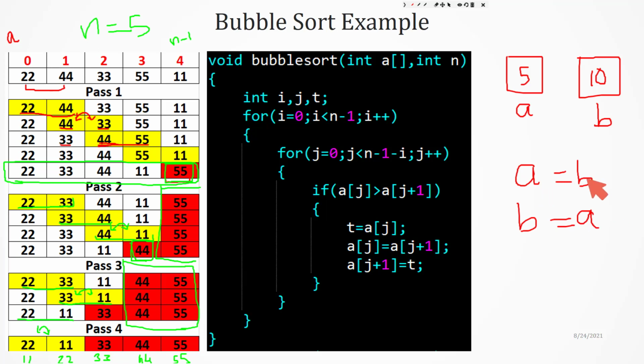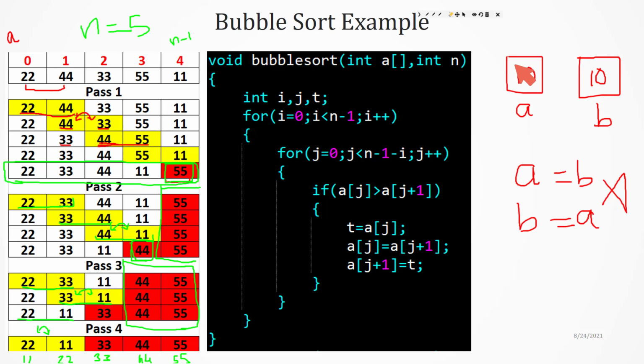A equal to B means the value of B will be stored in A. Value of B is 10, so 10 will be stored in A. Then B equal to A, the value of A will be stored in B. Now the value of A is 10, so 10 will be stored in B. So if someone asks to exchange two variables, if you write A equal to B and B equal to A, that is wrong.